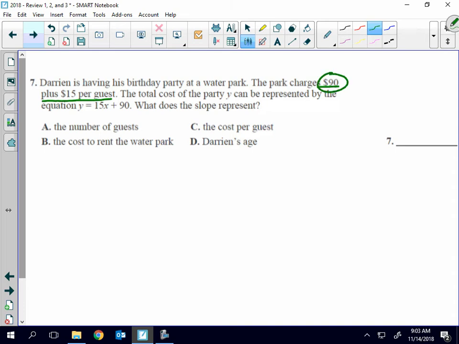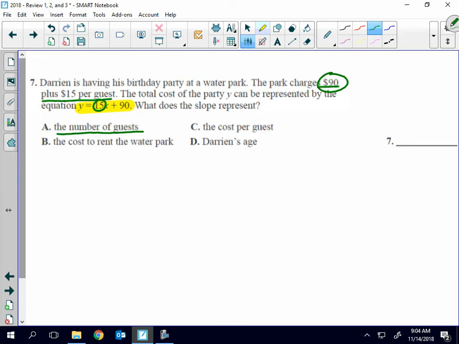The total cost of the party Y can be represented by the equation Y equals 15x plus 90. We want to know, what does the slope represent? The slope is this guy here. So what does the 15 represent? Does it represent the number of guests?